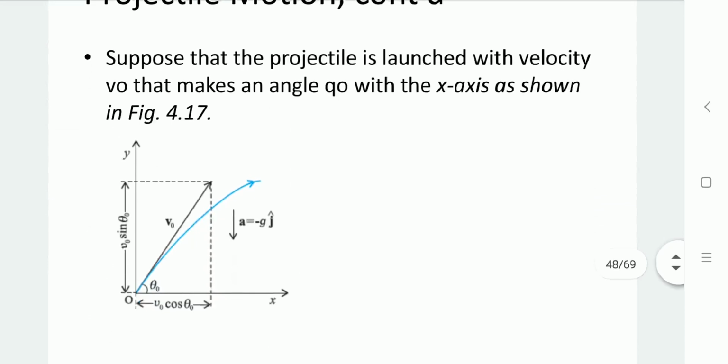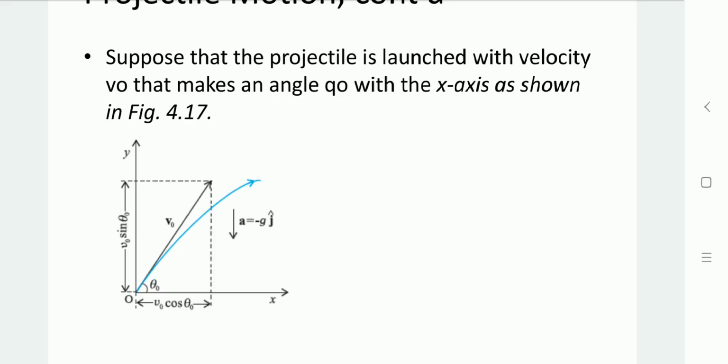Let us understand this from the diagram. From the reference point O, the object is thrown with its initial velocity v0. Let us determine its x and y components.